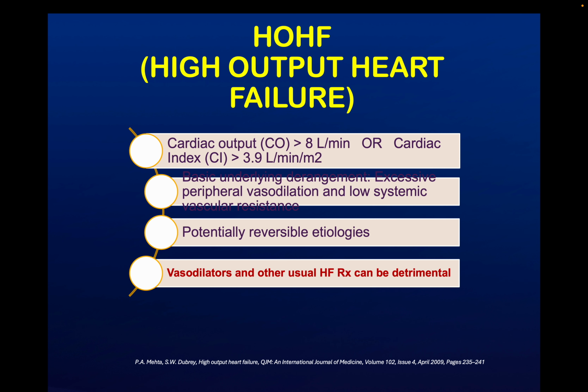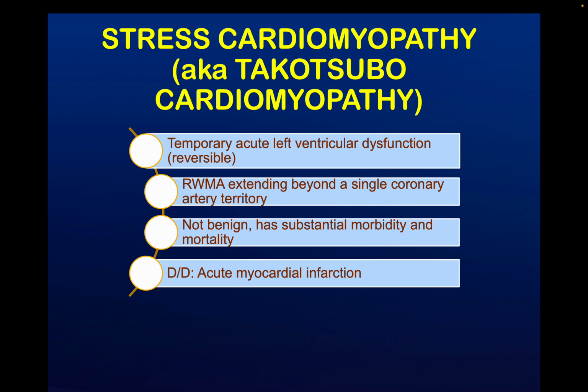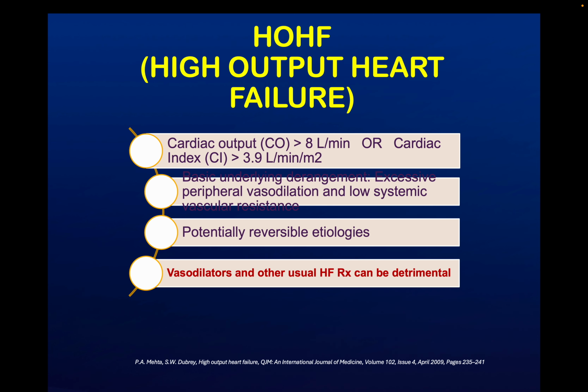The usual causes of this are heightened sympathomimetic amines in the body, namely with thyrotoxicosis and beriberi, and these are very reversible by treating the underlying condition, but during the acute flares or the acute presentation, vasodilators and other usual heart failure therapy may be detrimental.